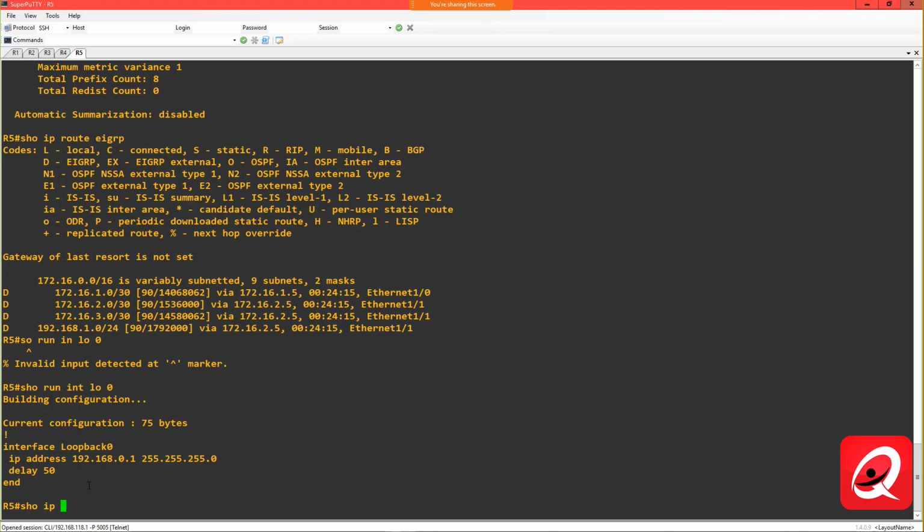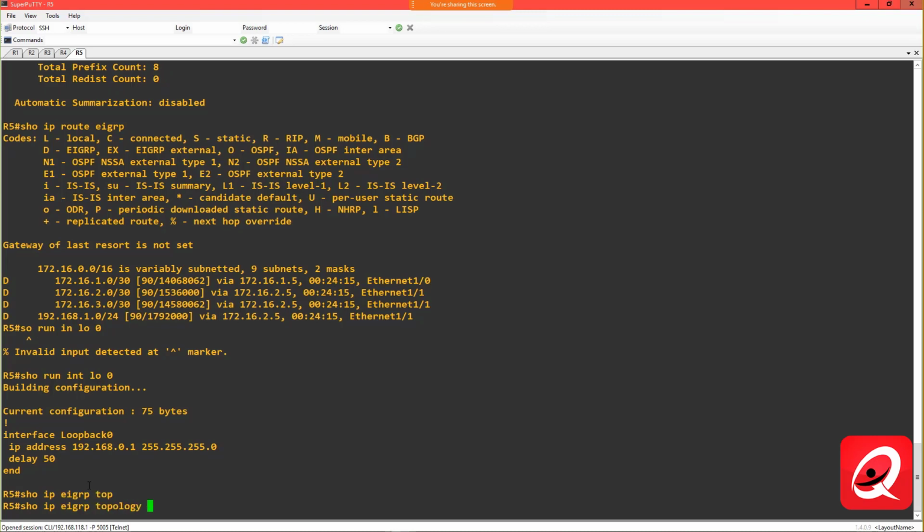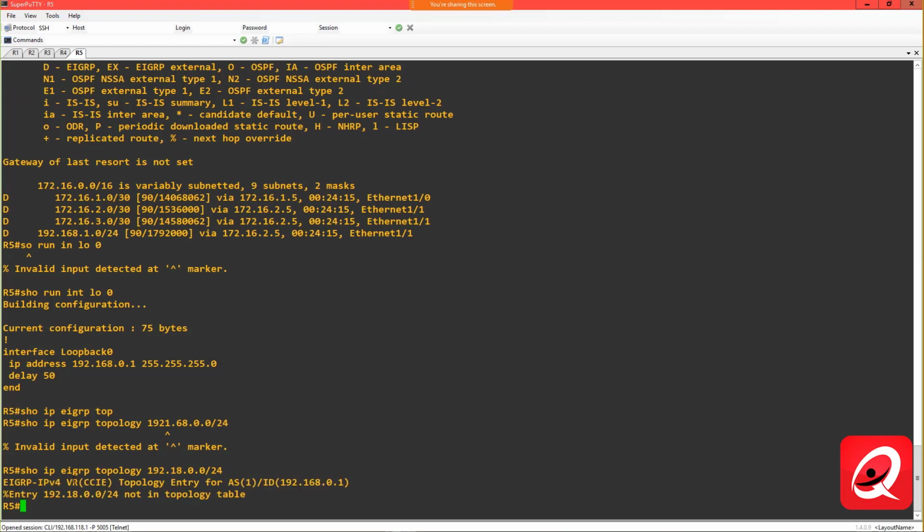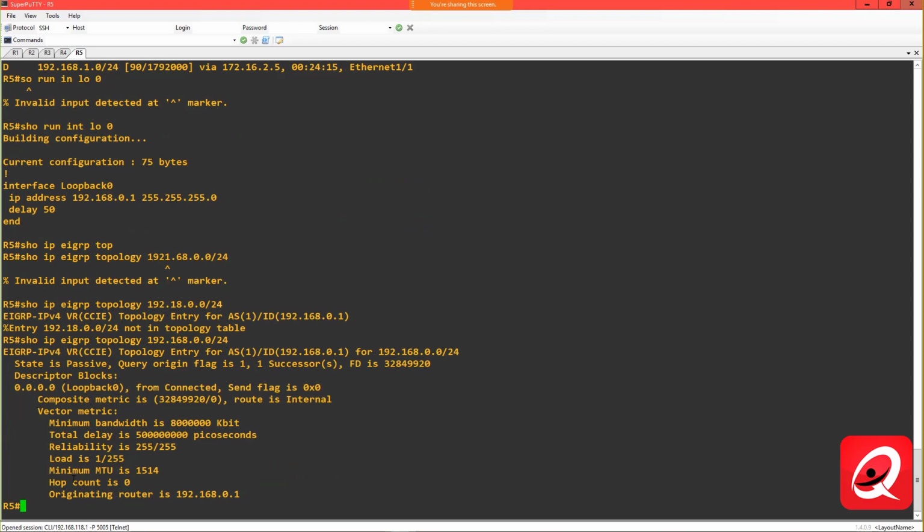So if I do a show ip eigrp topology for 192.168.0.0/24, we should see that it has the appropriate value for picoseconds.